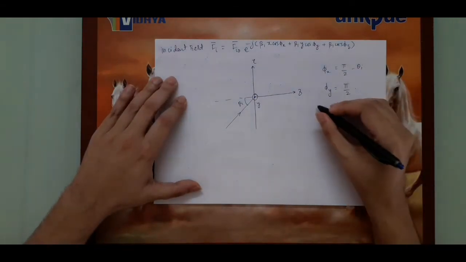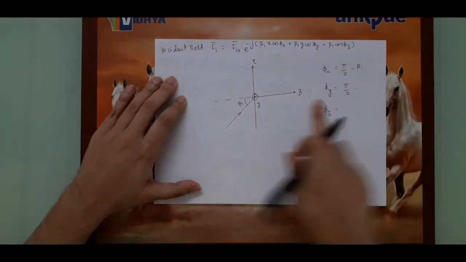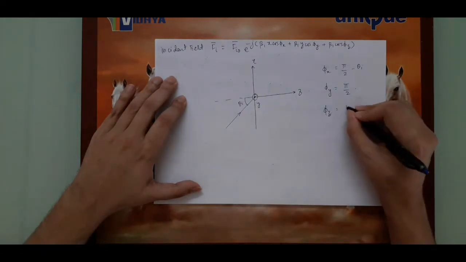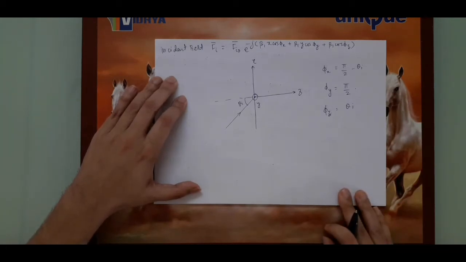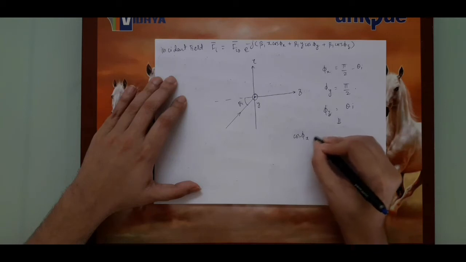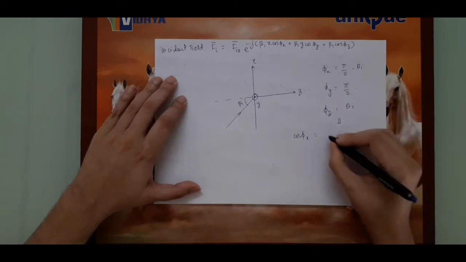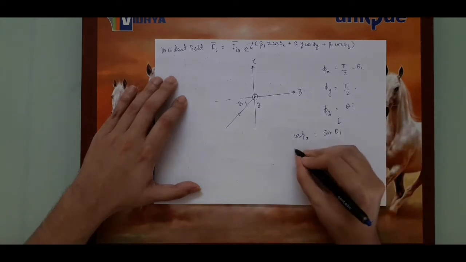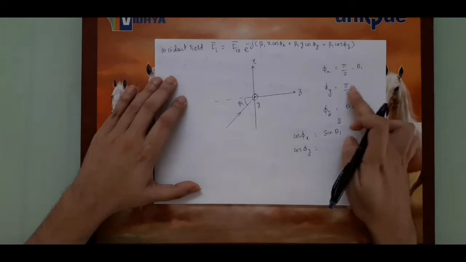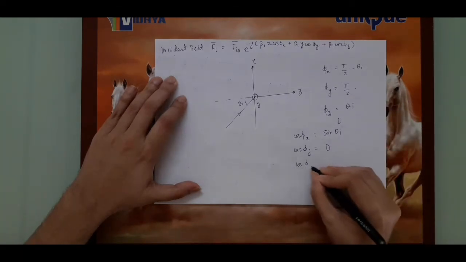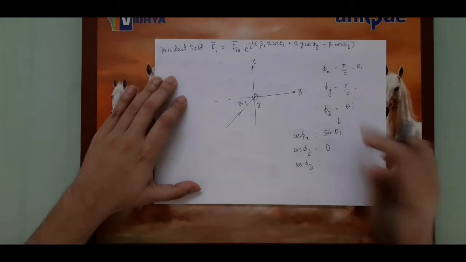And phi z is the angle this wave makes with the positive z axis, which is nothing but theta I. So that means cos phi x will be cos of this quantity, which is sin theta I. Cos phi y will be cos of pi by 2, which is 0, and cos phi z will be cos of theta I.